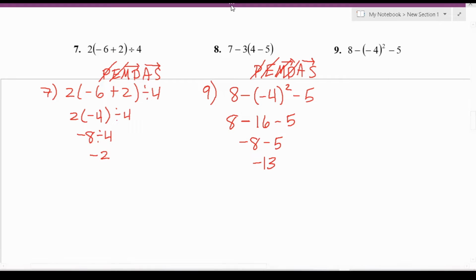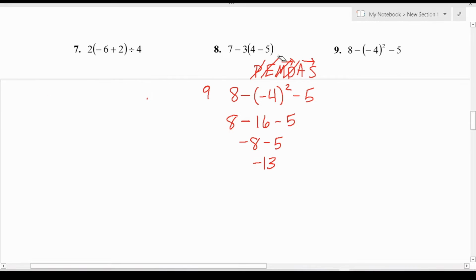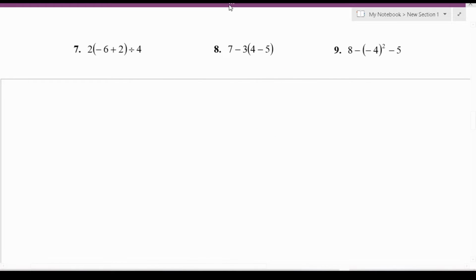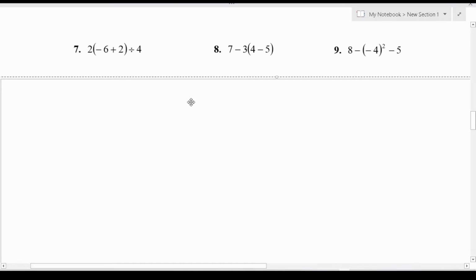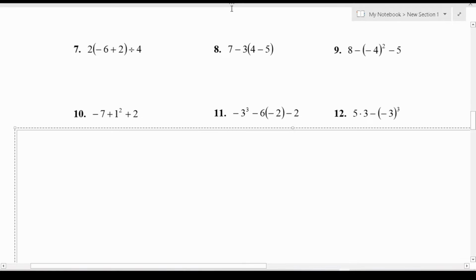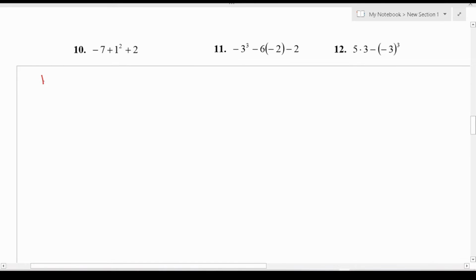Let's move on to question 11. Let's start by copying it down.